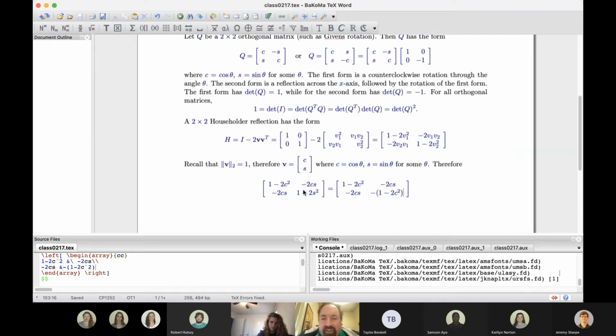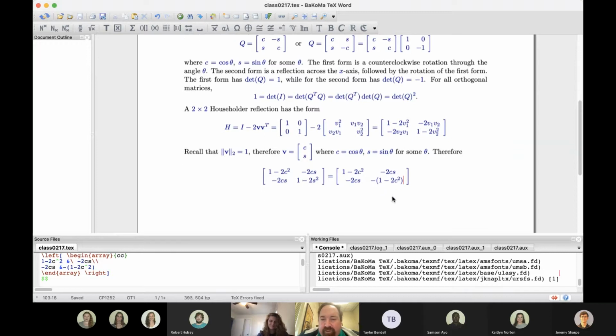Okay, now let's see if anybody remembers their trig. Can anyone tell me these expressions here, 1 minus 2c squared, and also 2cs, forget about the minus. What trig identities are described here? Like 2 cosine theta sine theta.